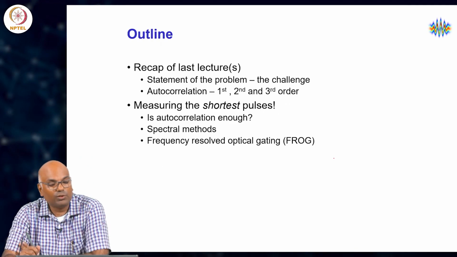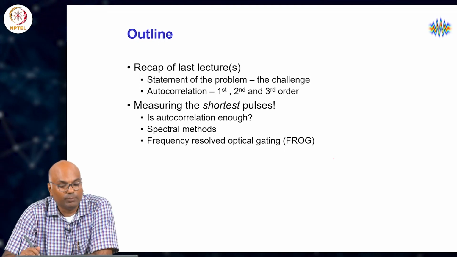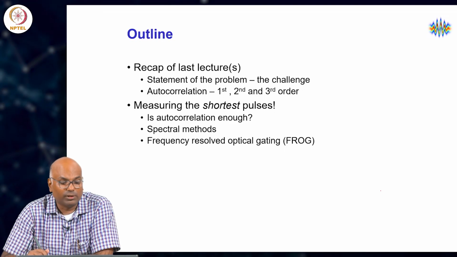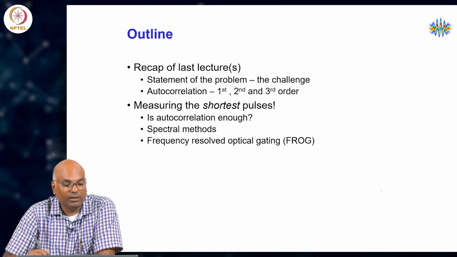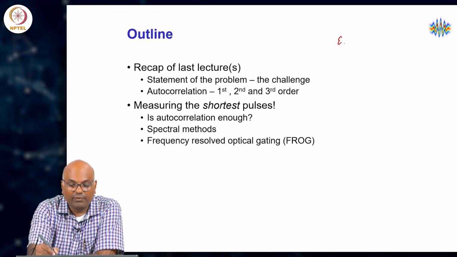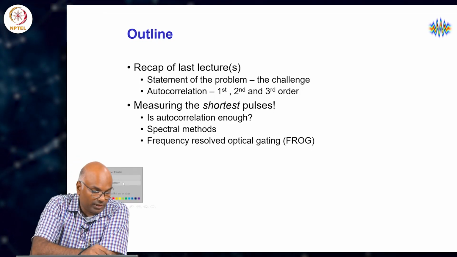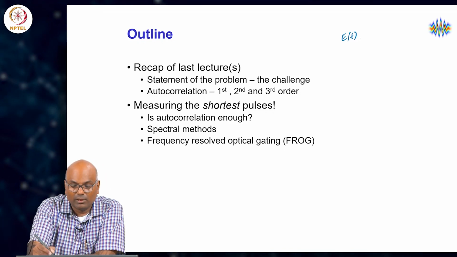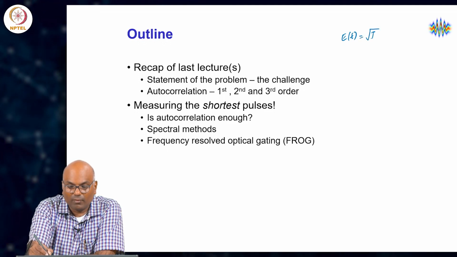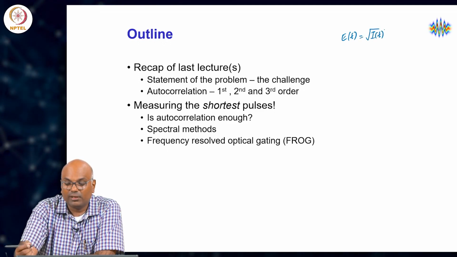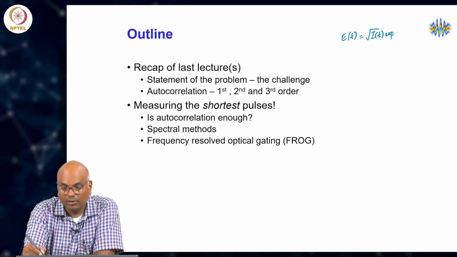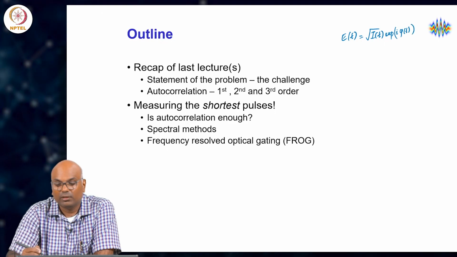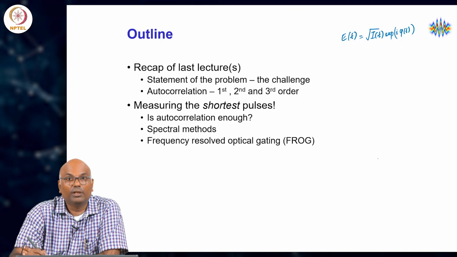So, in the previous two lectures, we stated the problem and the challenge in unambiguous terms, where we understood that we have an electric field of a laser pulse, which we write using the intensity I of t and the phase, exponent of i phi of t.